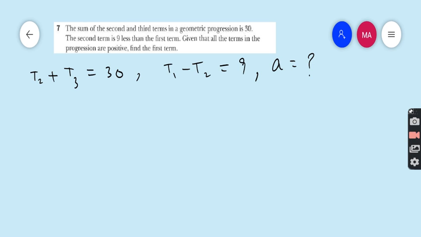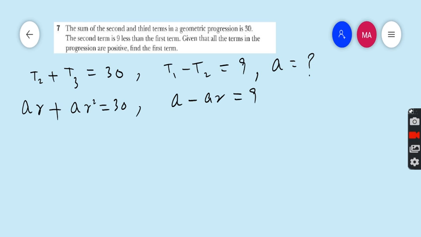T2, if you use the formula Tn is equal to ar to the power n minus 1 and replace n by 2, you will have ar. And again, using the same formula, T3 is ar square, so ar plus ar square is equal to 30. Similarly, T1 means A, the first term, and T2 is ar, so A minus ar is equal to 9.